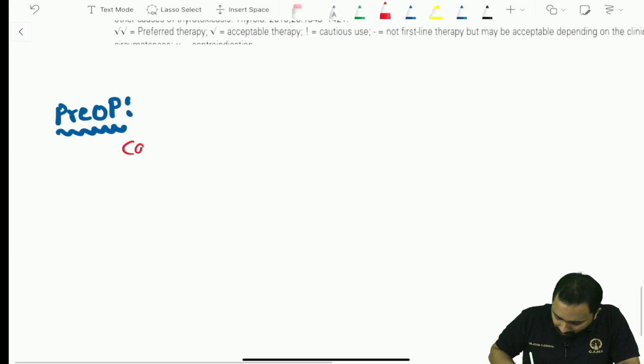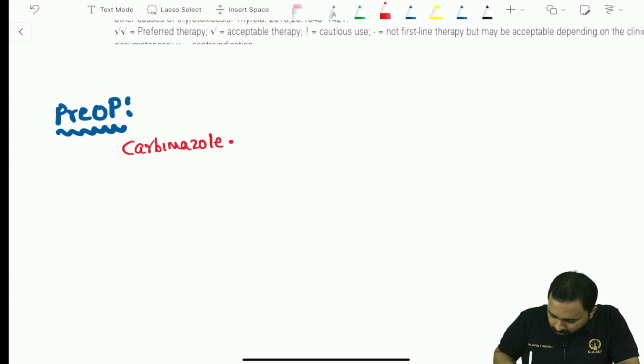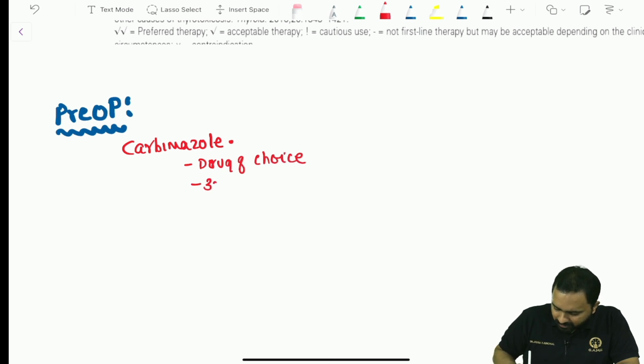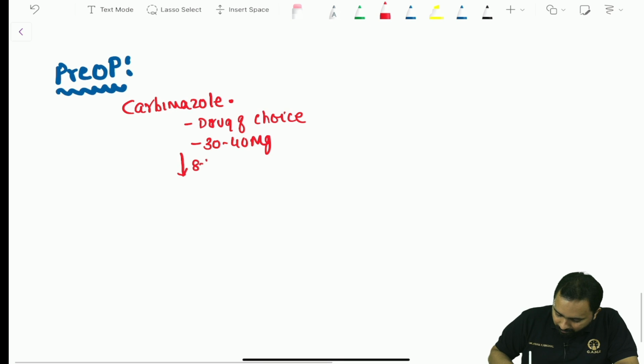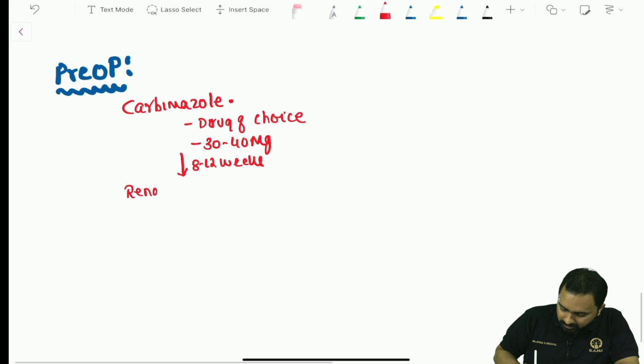First we have carbimazole. This is usually the drug of choice, right? The dose that is given is around 30 to 40 milligram, right? This is given for around 8 to 12 weeks, which then renders the patient euthyroid, right?